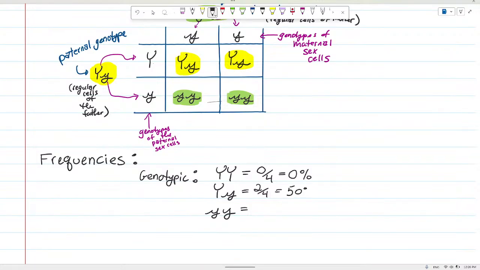Good. And little y, little y? Very good. Yep. 2 out of every 4, which is also 50%. So the genotypic frequencies are 0, 50, 50%. 0% homozygous dominant, 50% heterozygous, 50% homozygous recessive.